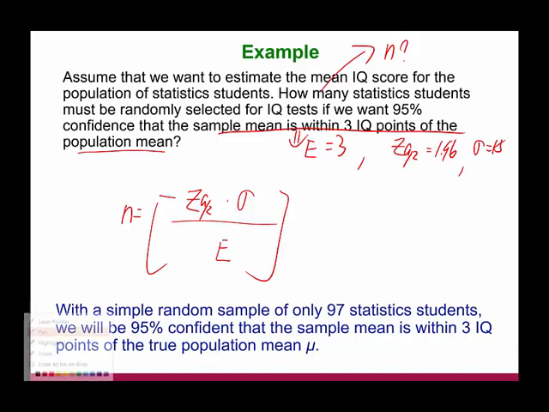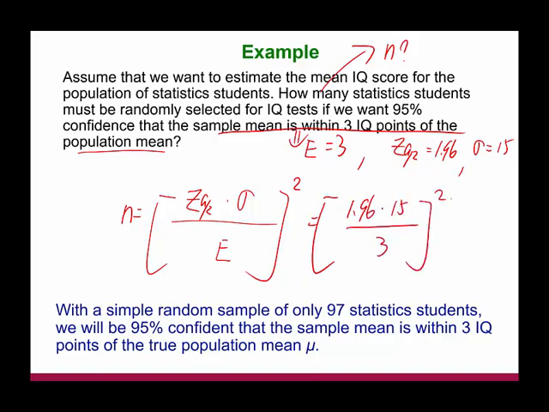Now we're plugging all the numbers into the formula, so we get the critical z-score 1.96 times sigma 15 over 3, and square it. Let's see what that is. So now it will be 96.04.